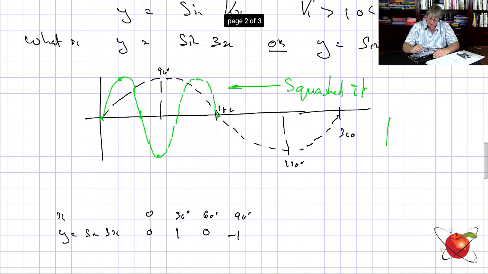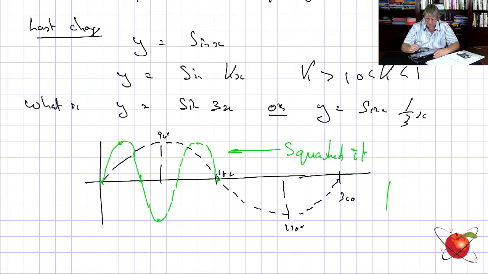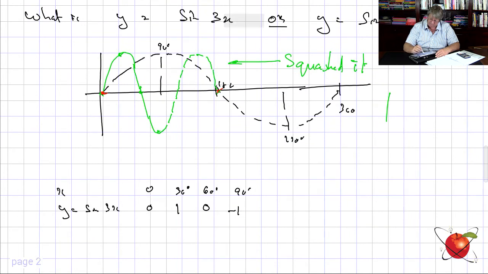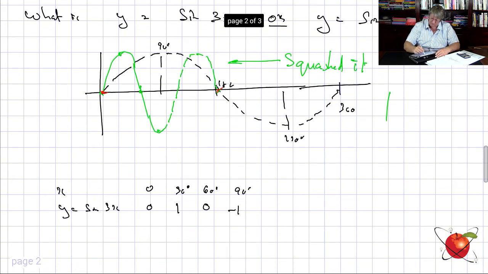So what do you think it's going to be if we did a third? This is going to stay 0, and that's got to stay 0. So let's just plot it, y equals sine of 1/3 x.